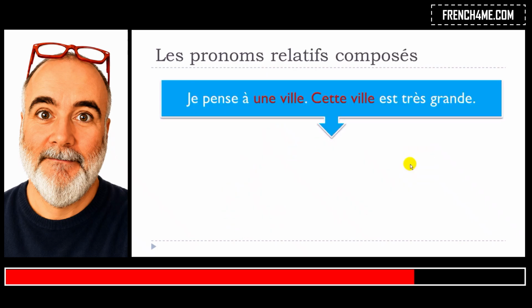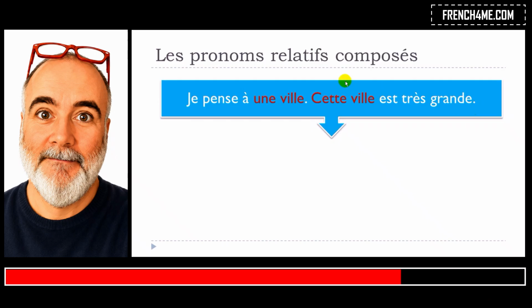One example here, you've got two sentences. The first one, je pense à une ville, and the second sentence is cette ville est très grande. As usual, when we're talking about pronouns, the idea is to avoid repeating things.